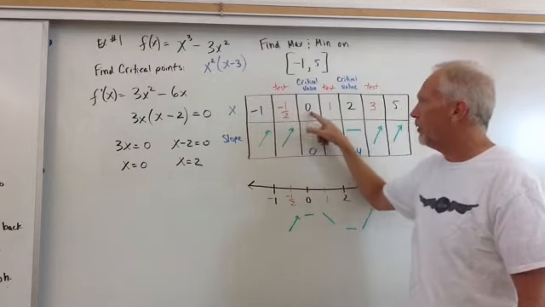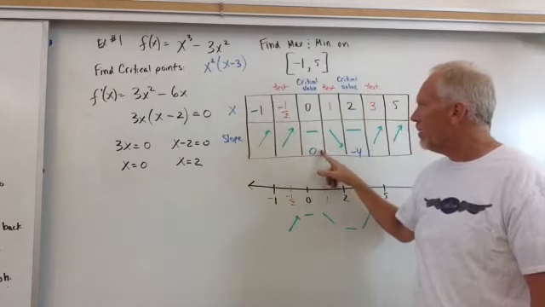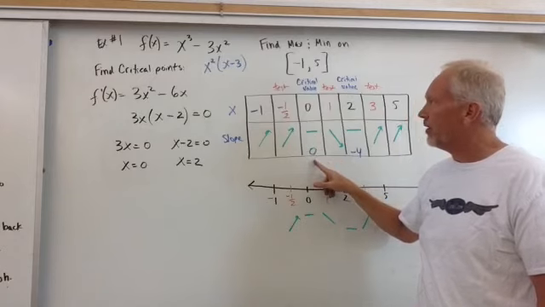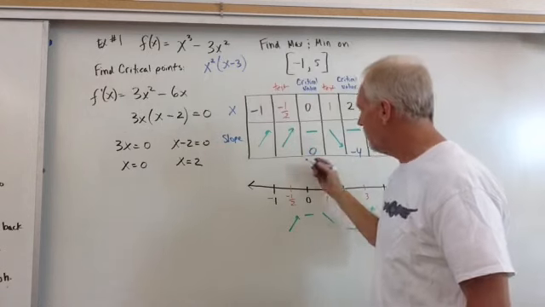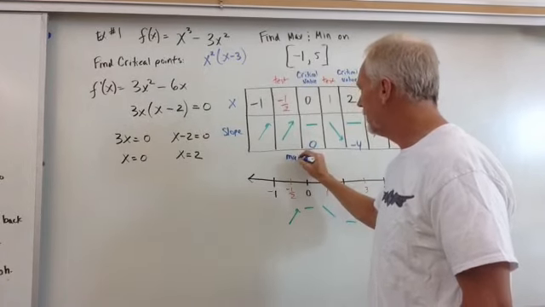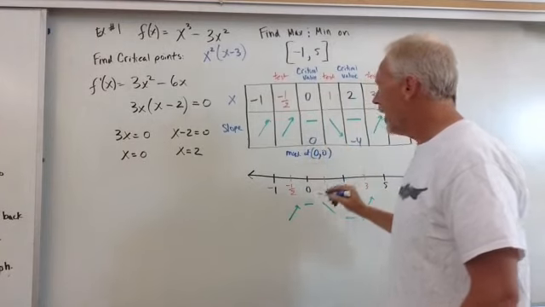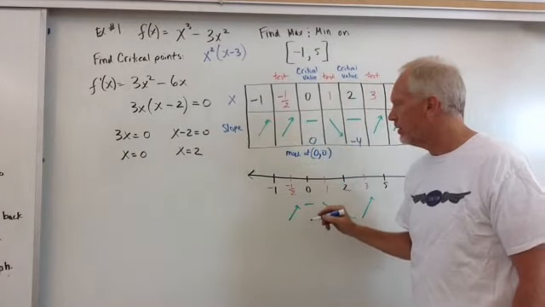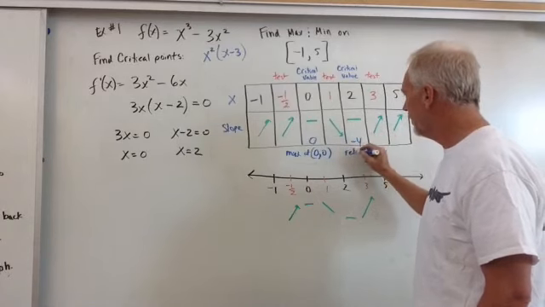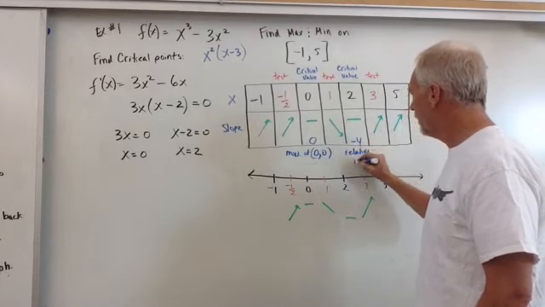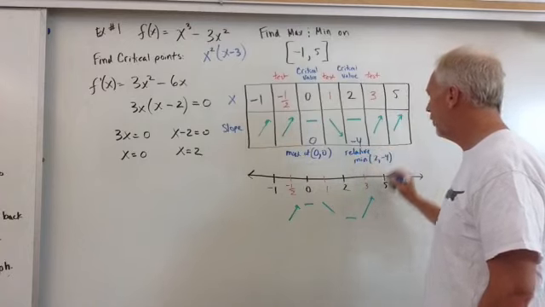And if we do that, if we plug 0 in, we get 0. So we would say then we have a maximum at 0, 0, or a relative maximum. And then I have a relative minimum at 2, negative 4.